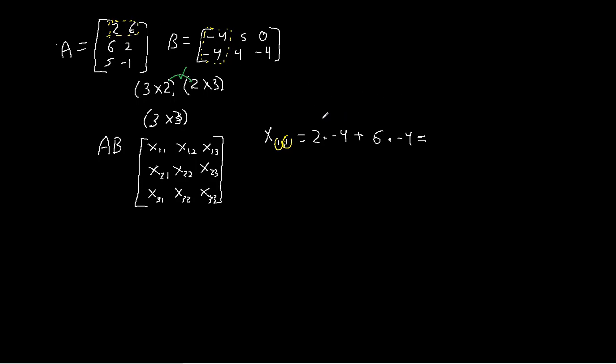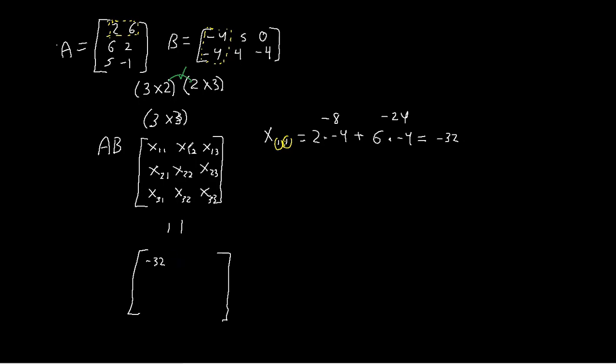And so if you do that, you get -8 here and you get -24 here. You add those up, you get -32. Since I'm going to be putting a whole bunch of examples over here, if we go down, we now know that the first element is going to be -32.